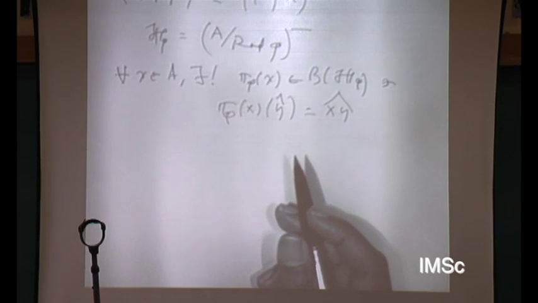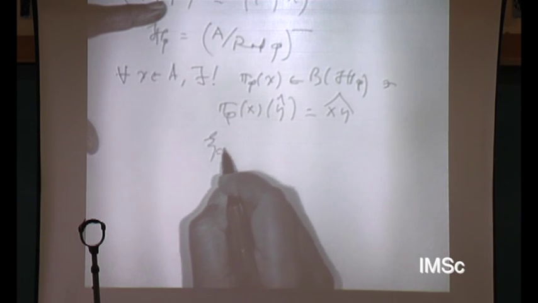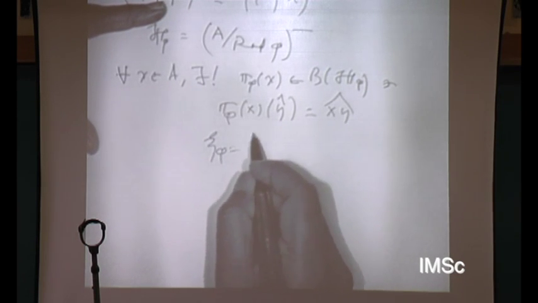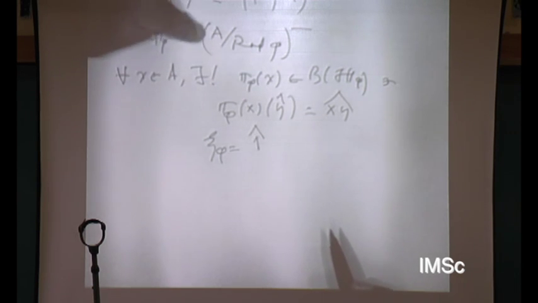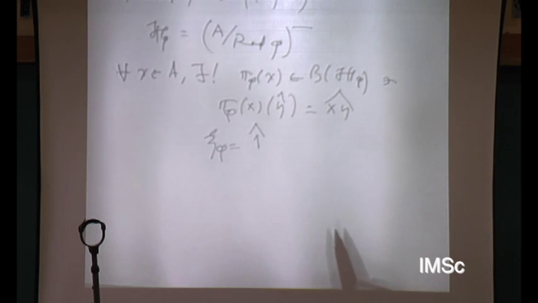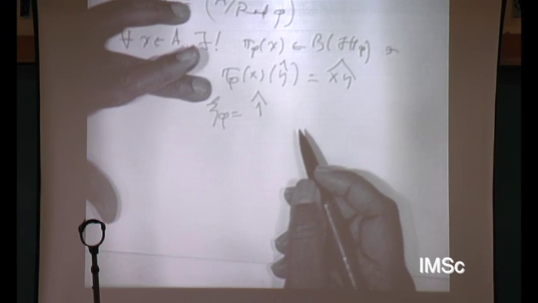And then what is that cyclic vector? Psi phi is just one hat. Because the image, when you move one around by A, you will get all x hats, and that is by definition dense in the Hilbert space. So this is a cyclic vector, and we do have a representation.